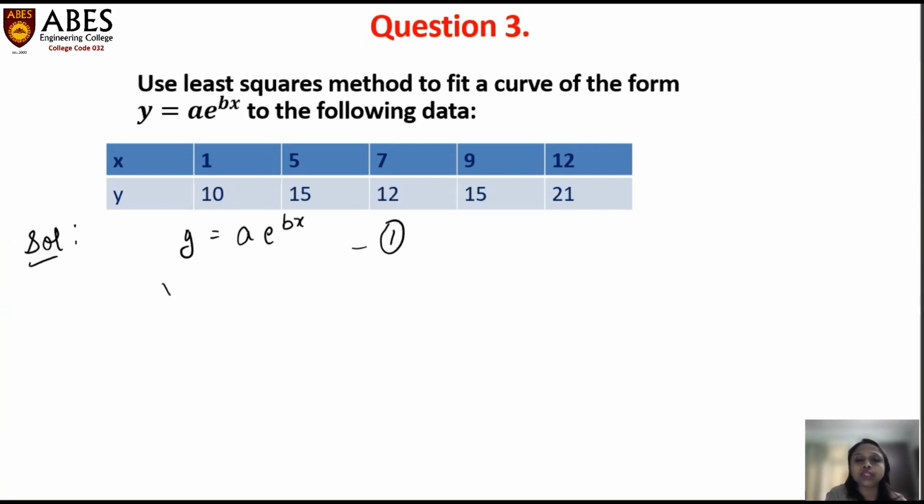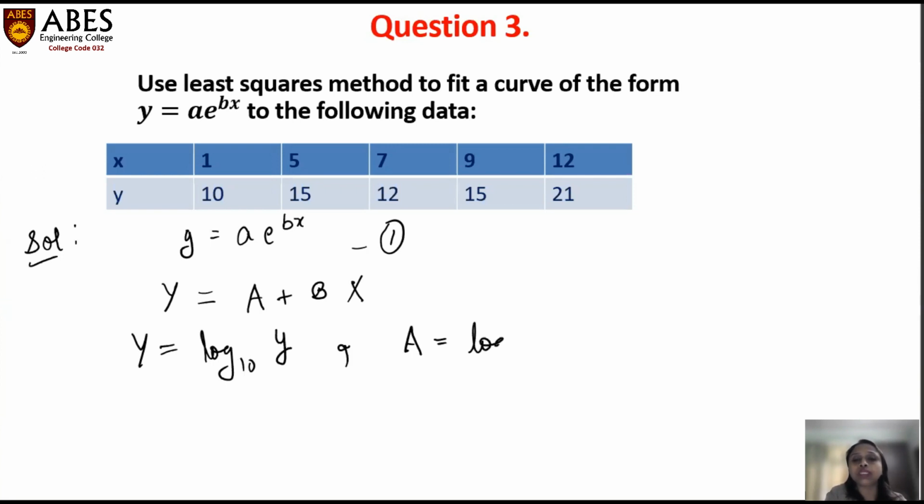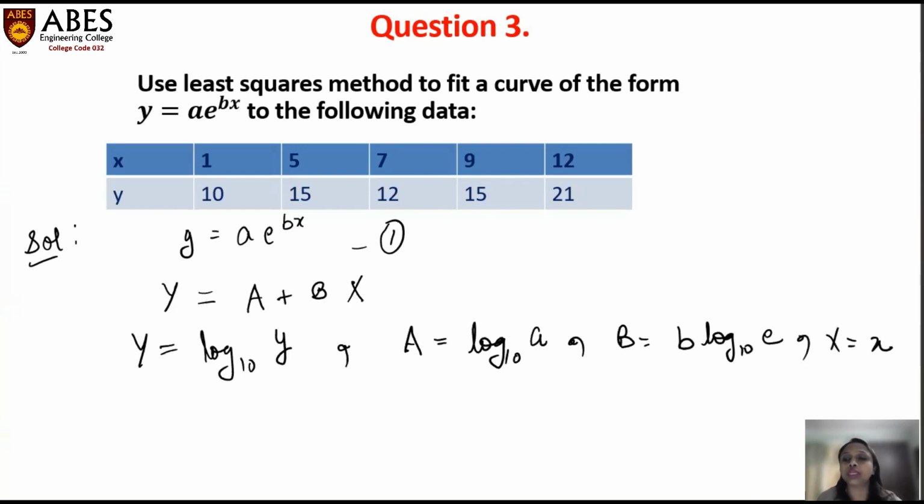By taking log on both sides, I'm representing it in the form of capital Y equal to A plus Bx, where capital Y will take the value log to the base 10 y. Capital A will take the value log to the base 10 a. Capital B will be b into log to the base 10 e. And capital X will play the role of small x only.